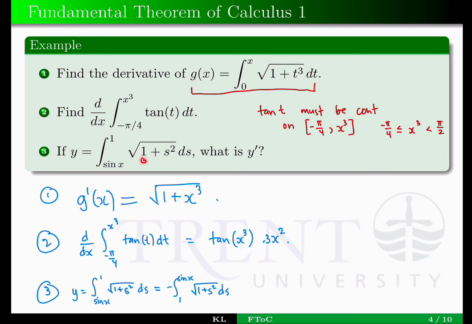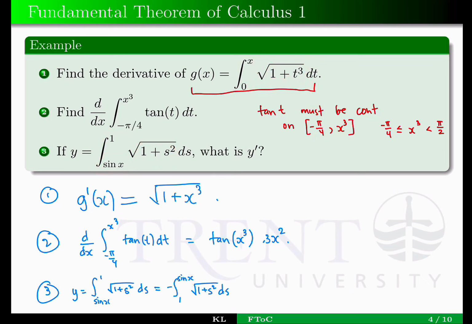And then you add 1, which means this expression here, the one inside square root, is always positive. So if you take the square root, we don't have any problem. So we don't need to do some restrictions on the x in this part. But for number 1, we actually need to do some restriction.